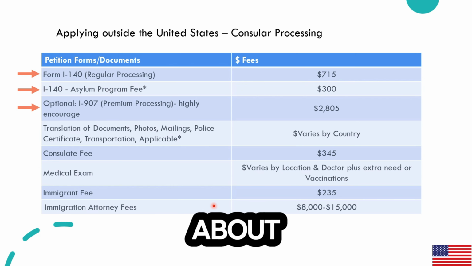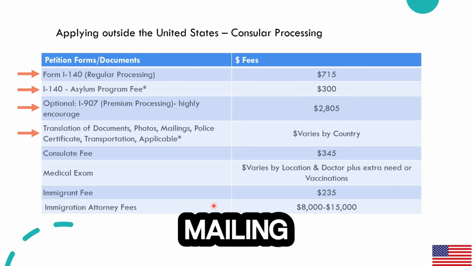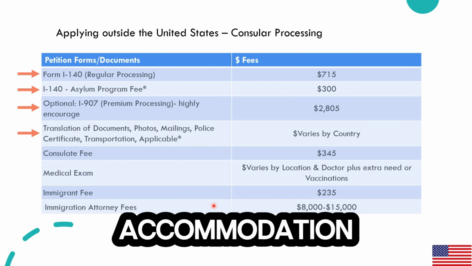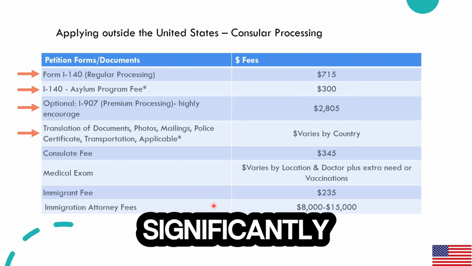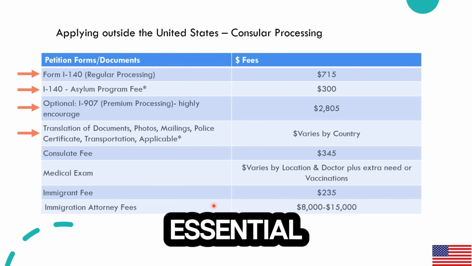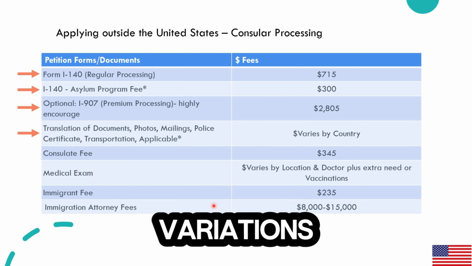Next, let's talk about the cost of translating documents, taking photos, mailing fees, police certifications, transportation, accommodation, housing, etc. These costs can vary significantly depending on your home country. It's essential to get these documents in order and factor in the cost variations.